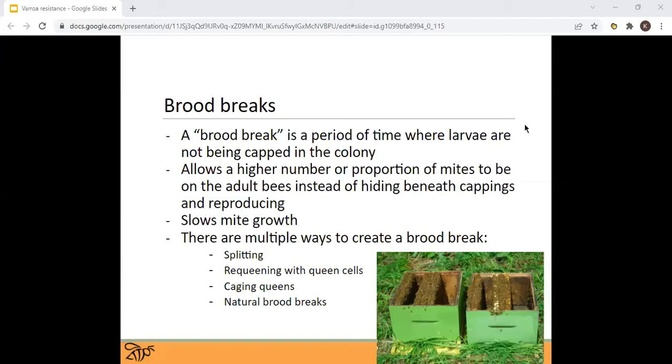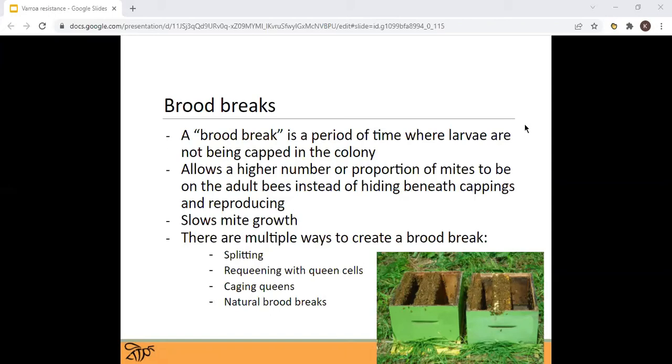One, when there's less brood, there's a higher proportion of Varroa mites physically on adult bees, and that makes them vulnerable to being knocked off or groomed off by bees, or potentially vulnerable to treatments if you're putting a treatment in your hive as well. And the other reason this is useful is because if bees are not developing, then mites aren't developing either. So they can't reproduce without capped brood, so it can slow the mite growth.